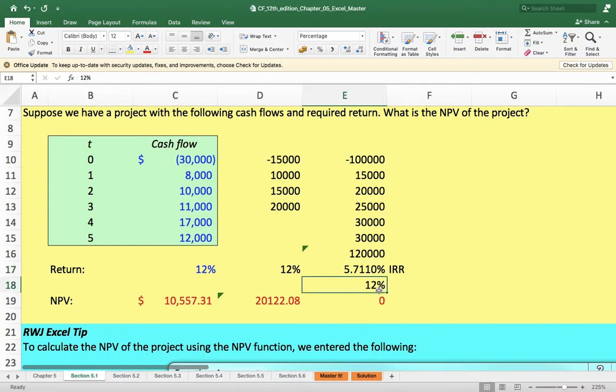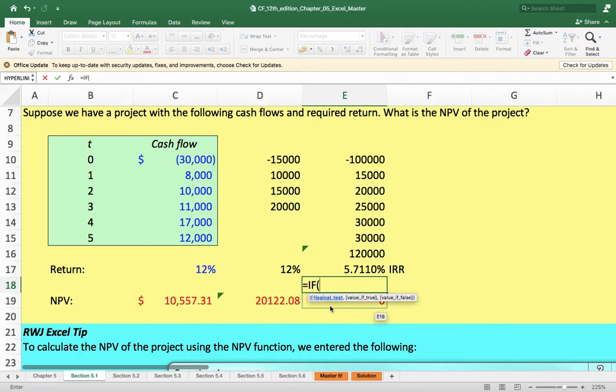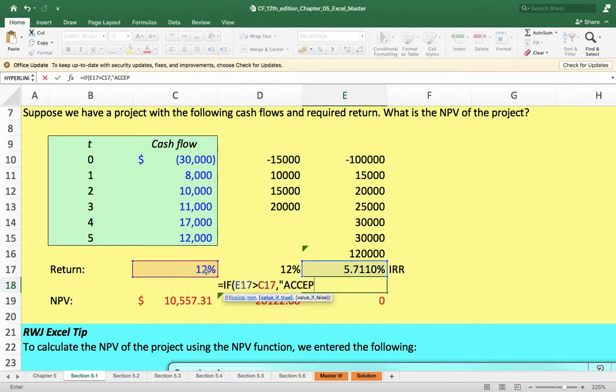Why? Because you can put an IF statement, the logical test. What is the logical test? If IRR is greater than the cost of capital, accept, or else reject.